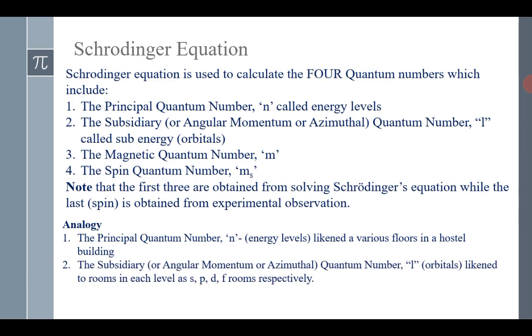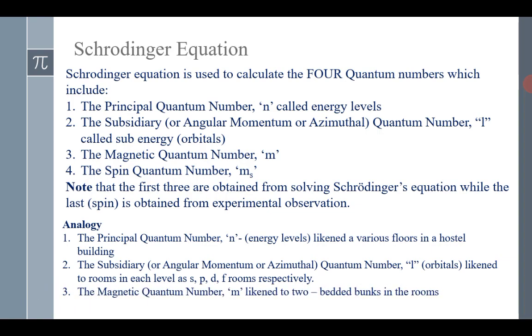Also, in the same energy level, you have the subsidiary. So on each level, we can liken our subsidiary or azimuthal or angular momentum to be the rooms in each level, the rooms being labeled S, P, D, or F respectively for identification.